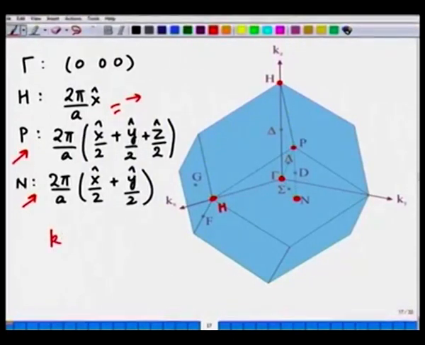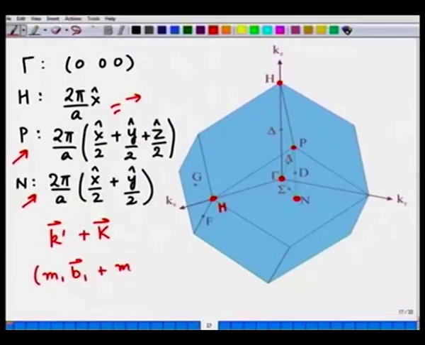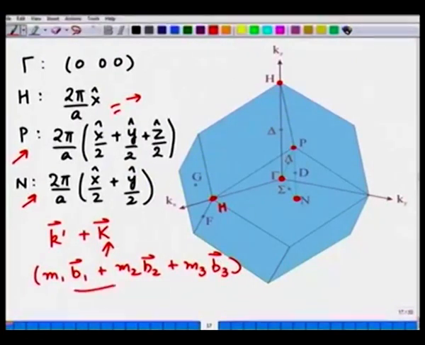To this k prime vector we can add the k vector using different m1, and remember m1 b1 plus m2 b2 plus m3 b3 is essentially this k vector. So by using different m1, m2, m3 values, we can calculate the k vector, and once I calculate the k vector, I can calculate the energies. Once I calculate the energies, I can do the same plot for BCC also.